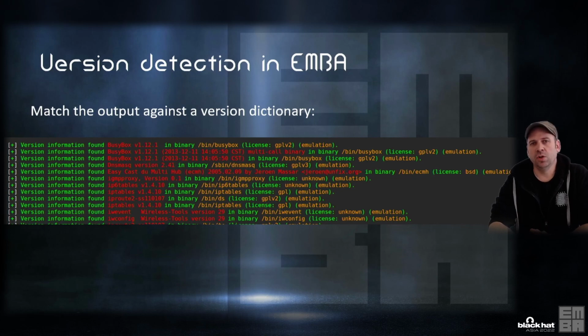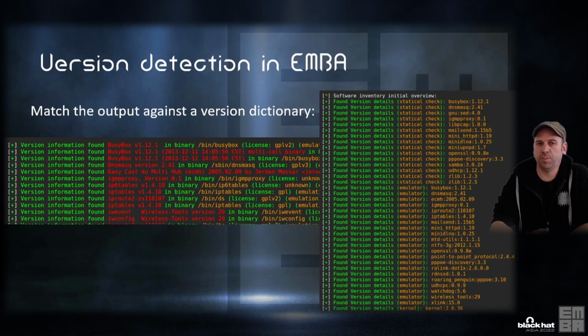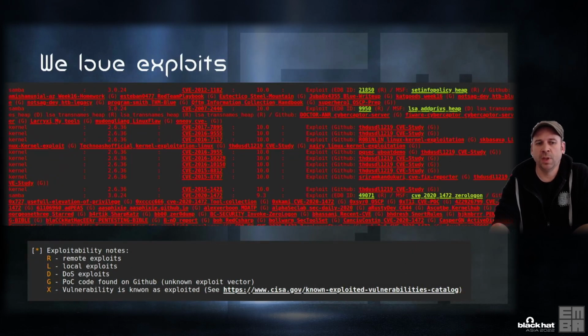At the end, you need to normalize these identifiers for further processing. Now you can see the output of this normalization process. With this version information, we are now able to query, for example, the CVE database. And at the end, we know the binary name and we know the version that we identified.